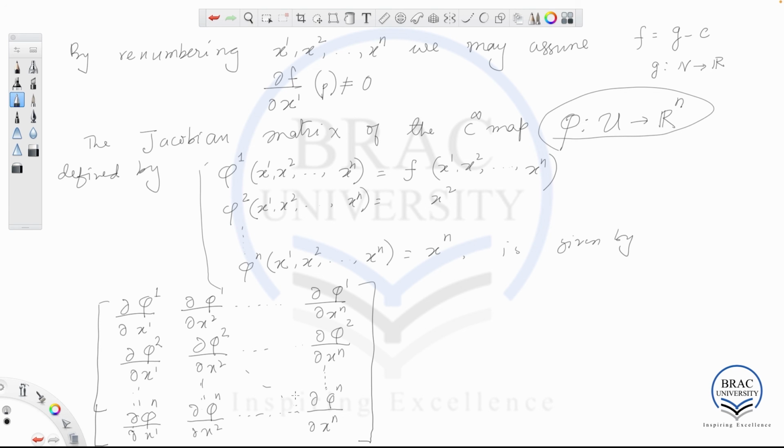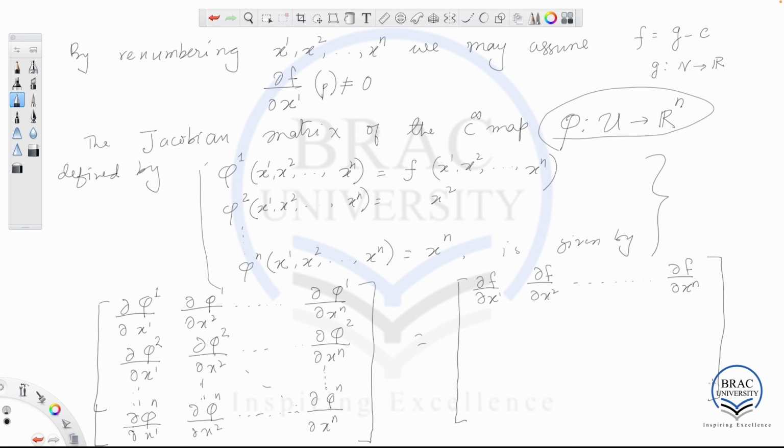So this is the Jacobian matrix, and from these expressions we can compute it immediately. This is del f by del x1, this is del f by del x2, and all the way up to del f by del xn. That's the first row.